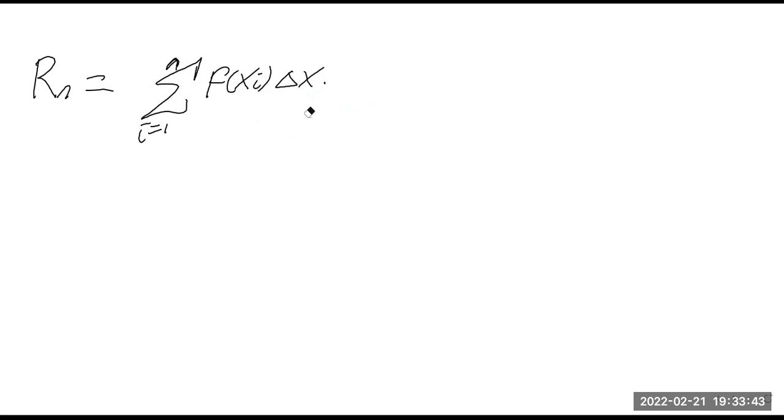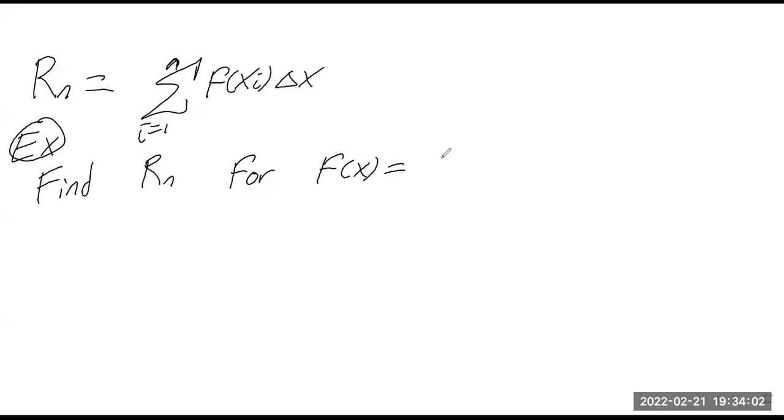Now, to keep it in something that is just more commonly seen, I'm going to treat Rn as the following. Now, to find Rn, for a given function, on a given interval, well, it looks like we need two things, f of xi and delta x.